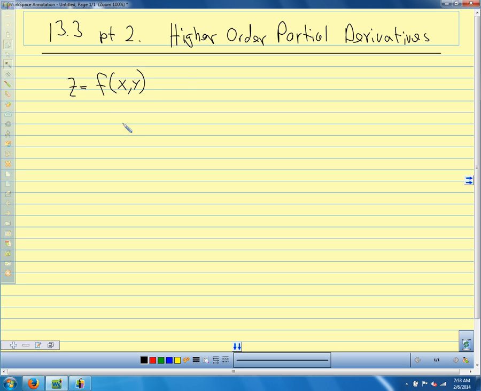So for second partial derivatives, we have four possibilities.